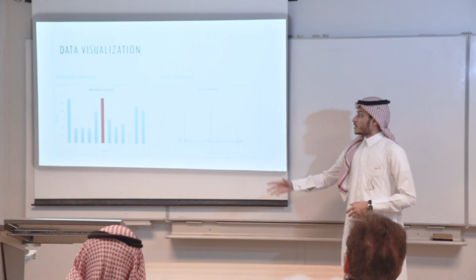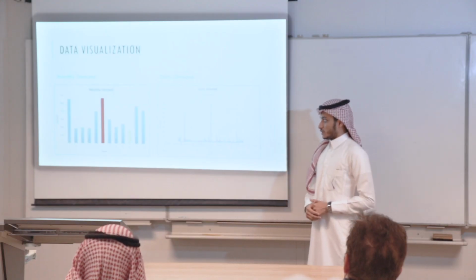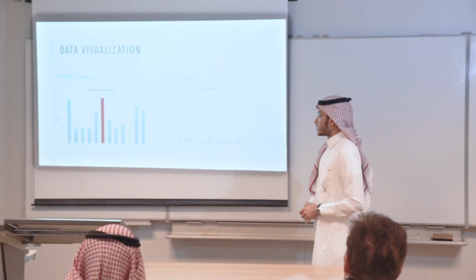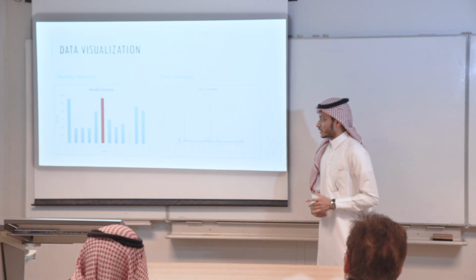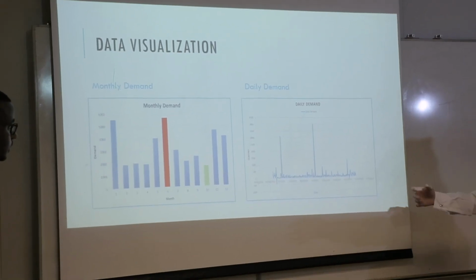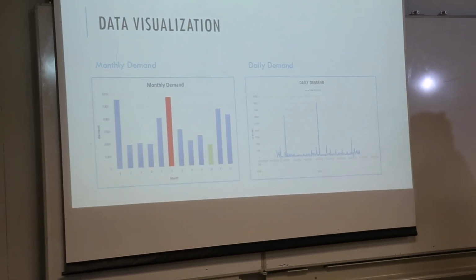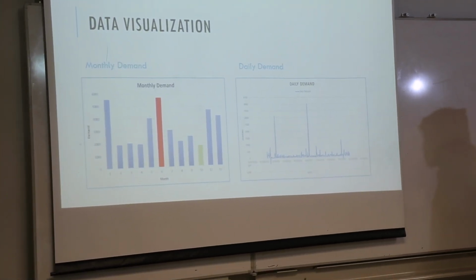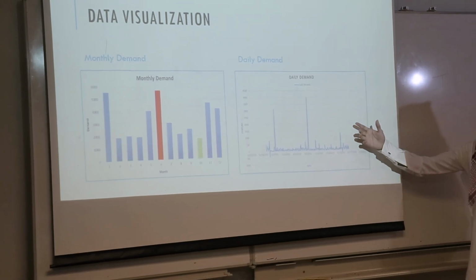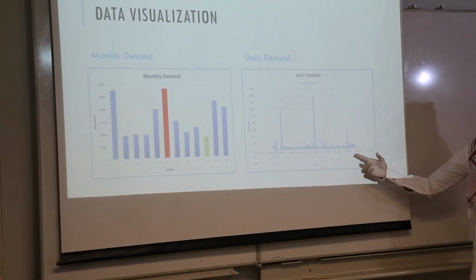Before doing the analysis, we wanted to understand how the product we chose behaves. We created these charts in order to do that. Here we have the monthly demand for the product in a year. As we can see, month number 6 has the highest demand. This is also the daily demand for the whole year. As you can see here, we have a few peaks, and also we have negative values here.